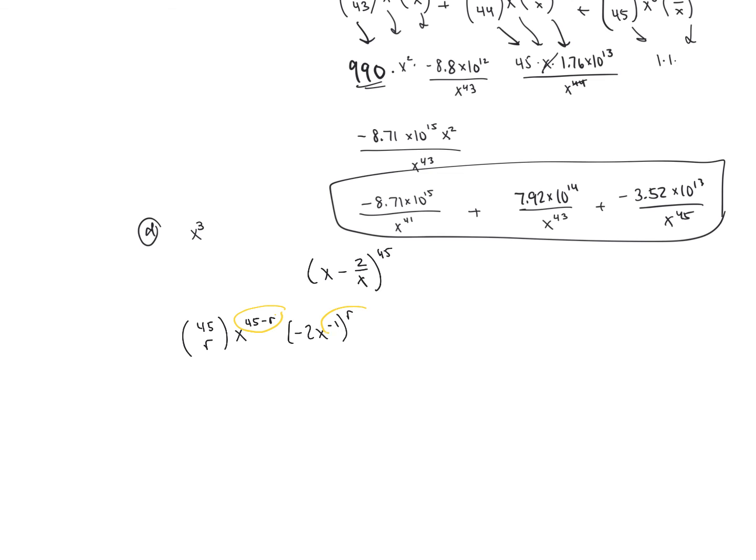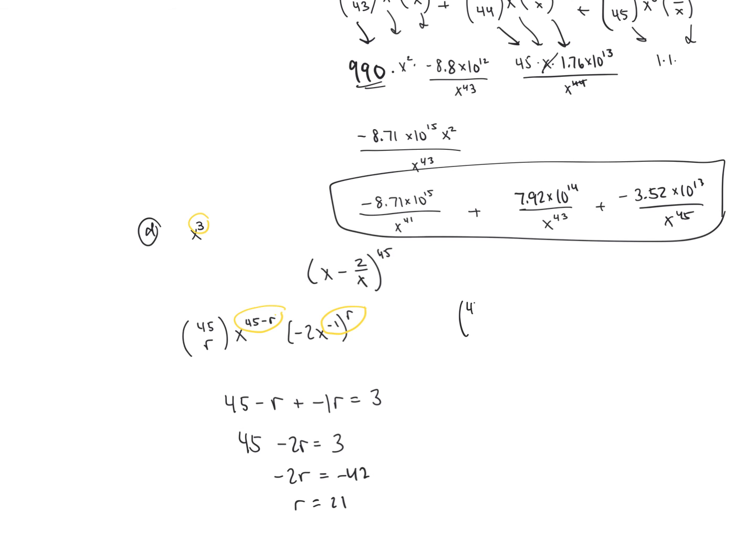This exponent and that exponent need to equal 3. So I have 45 minus 2r equals 3. Negative 2r equals 3 minus 45, negative 42, my favorite number. So r is going to be 21.